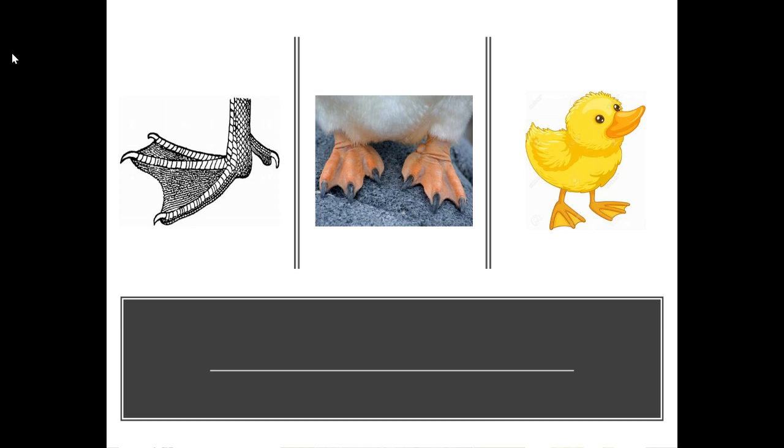So, how are these pictures the same or similar? They all? Well, they all show webbed. So, for number 1, I want you to write webbed. The root word is web, but then you write the whole word webbed.